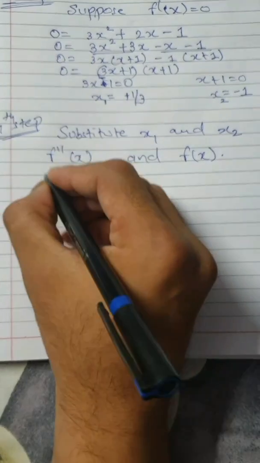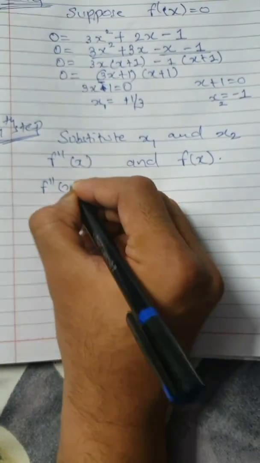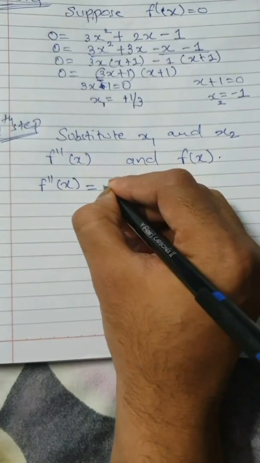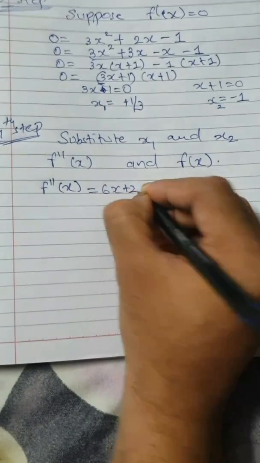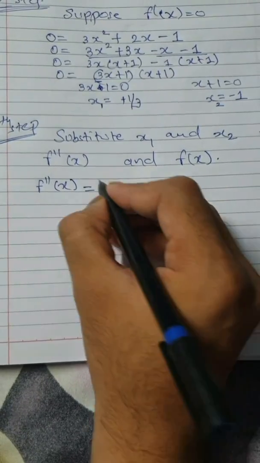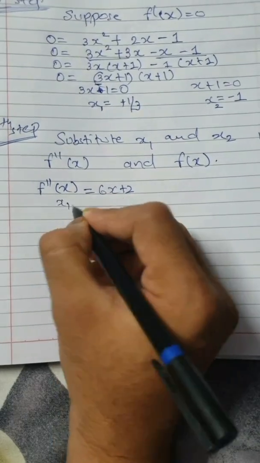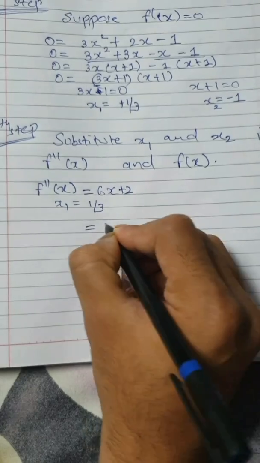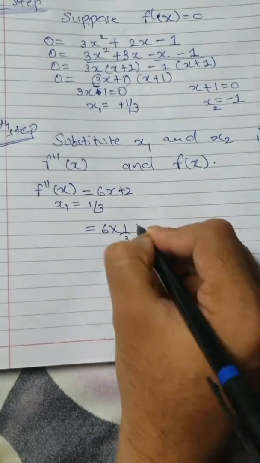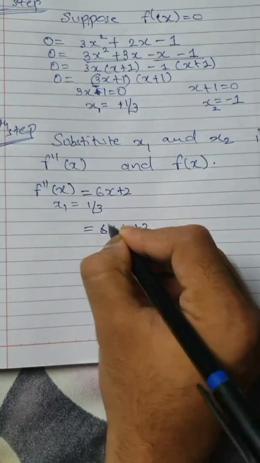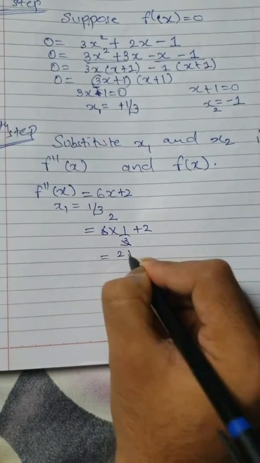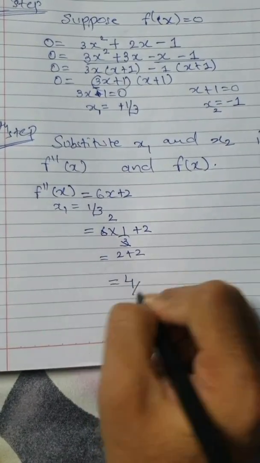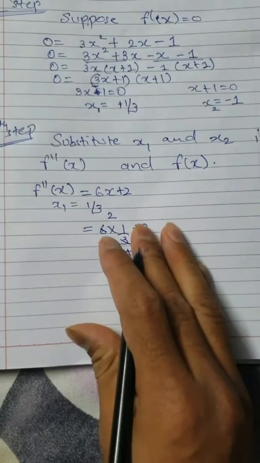We will substitute in f double dash of x, that was obtained as 6x plus 2. So we will substitute here x1 equal to 1 by 3, that is 6 into 1 by 3 plus 2. 3 twos are 6, 2 plus 2, answer is nothing but 4, right?